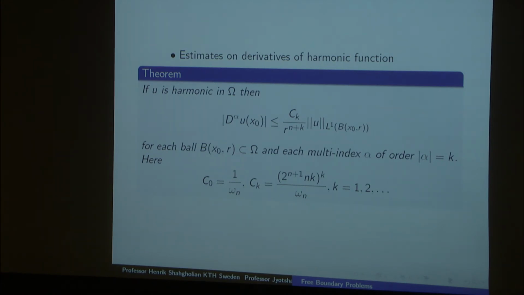Okay. So here this is estimates on derivatives. Again, one should think of it as your Cauchy estimates which you did for harmonic functions. Whatever you got for your first derivative, by iteration you do it for all higher order derivatives. This is exactly what it is. Only thing is, you do not have tools of analyticity.